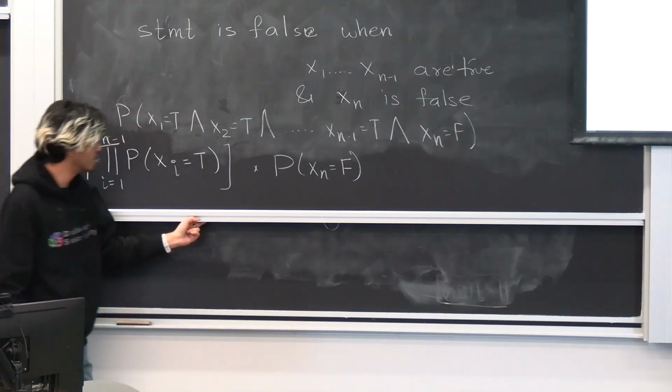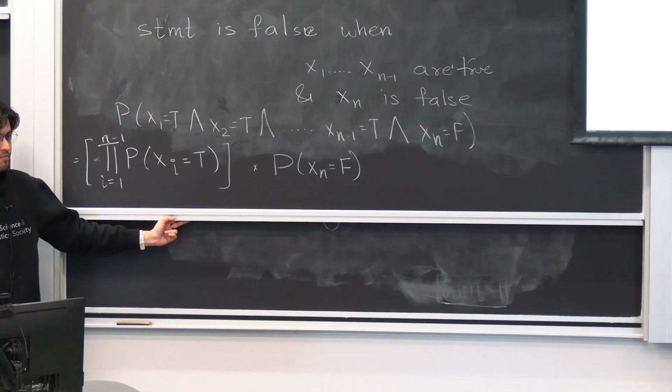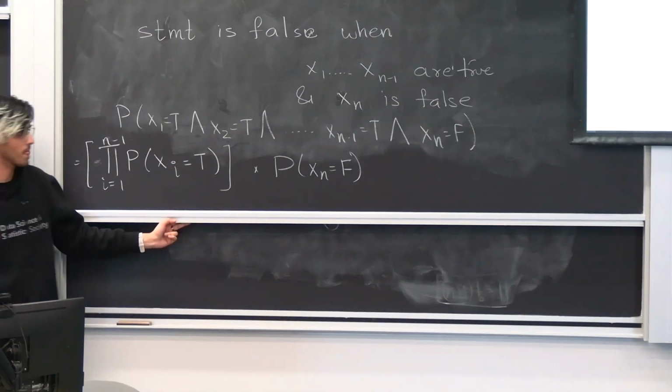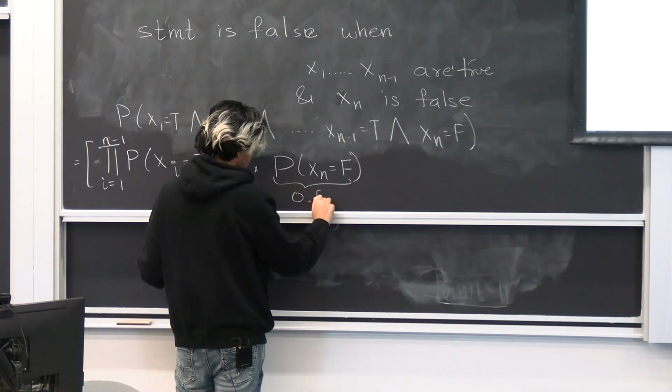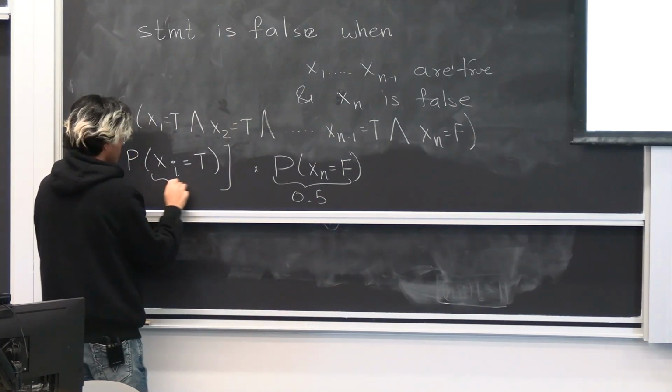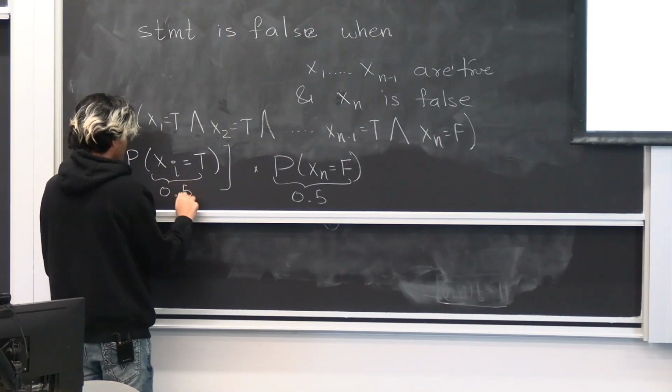Now, since each of these variables are chosen at random from true and false, it's 50-50. So the probability that xn is false, 0.5. The probability that xi is true, 0.5.